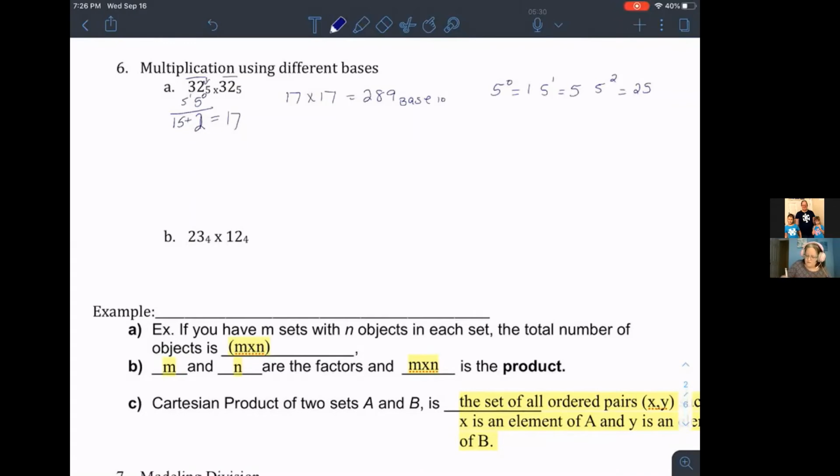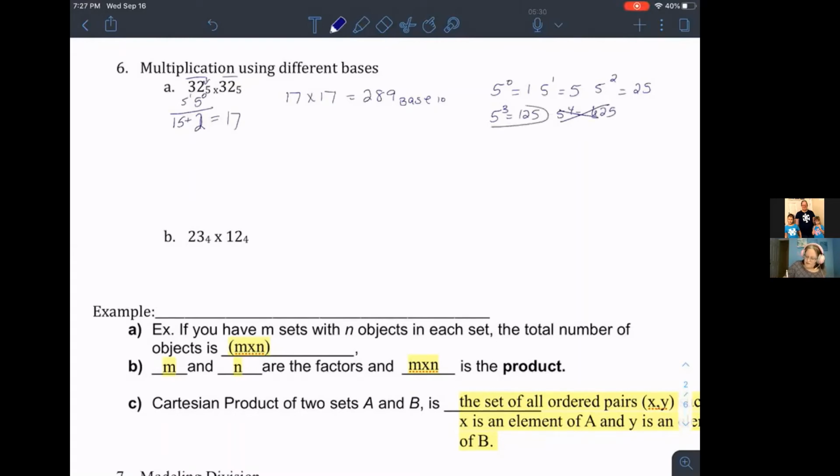It's 125 for 5 cubed. And then we have 625. Now we know 625 is too big, so we know our answer is going to have 3 place values.